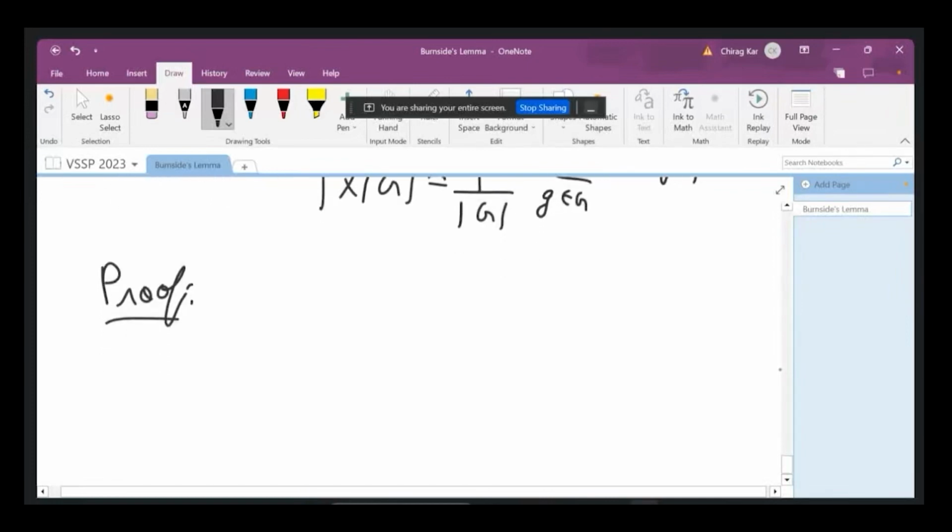Let us look at this table that we construct.